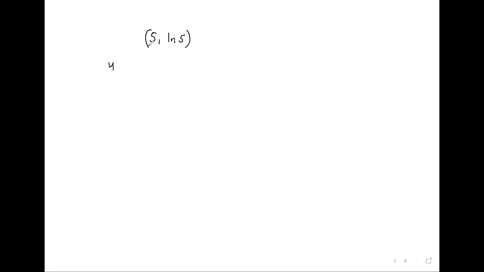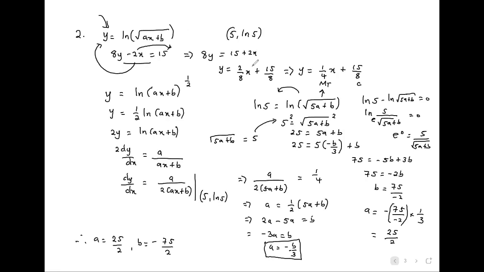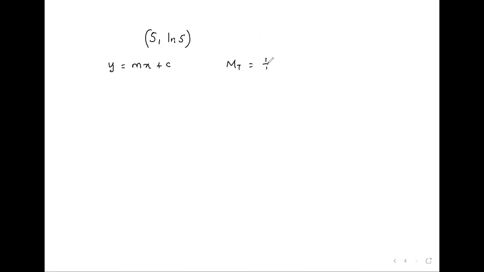We know that y is equal to mx plus c. The point is given. The m is known. What is the m? We already know the mt from the second equation; the second equation was giving us mt to be 1 over 4. So we already know 1 over 4 is our mt. So our mn will be -4, because we said mt times mn is -1.